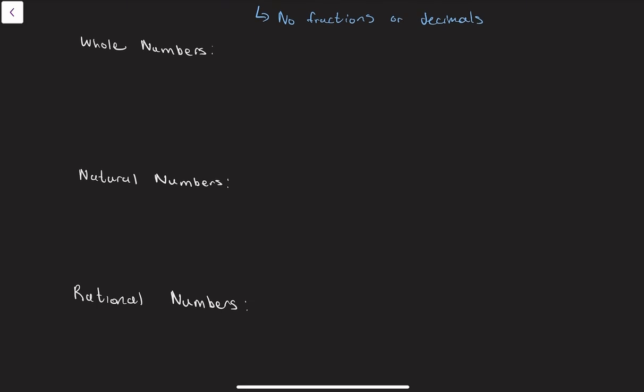Whole numbers are all the positive integers and 0. So let's write that down. Some examples would be 0, 1, 2, 3, and so on. So we just exclude all the negative integers from our set for whole numbers.